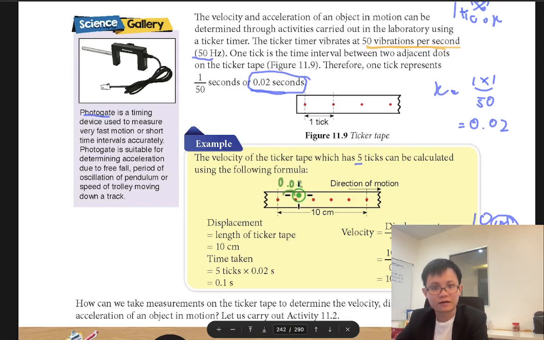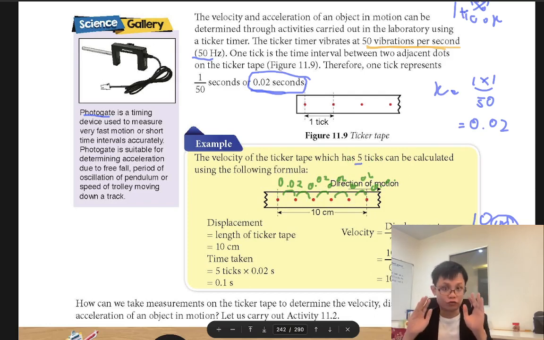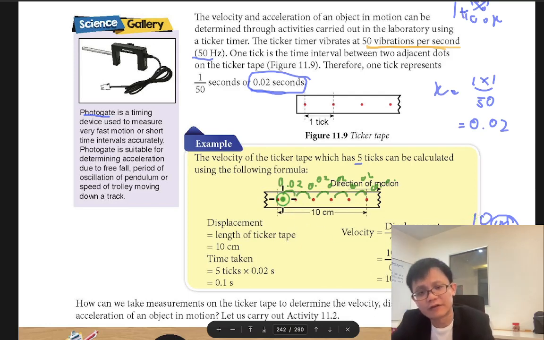0.02 from here to here, again 0.02 to here, again 0.02 to here, again 0.02 to here, again 0.02 to here. So there are 1, 2, 3, 4, 5 times 0.02. That's why I use 5 times 0.02 to get the total time. I don't write 6 because where is the other 0.02 second?